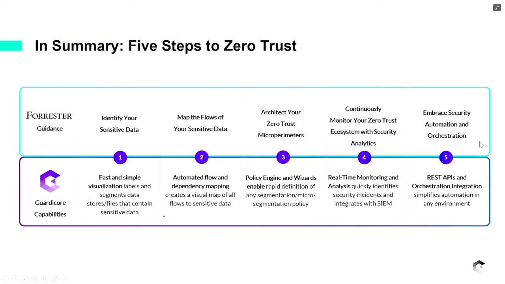So looking at how we map into the Forrester 5 steps to ransomware, 5 steps to zero trust. Sorry, we can apply these functionalities or capabilities to the flow, and it very intuitively links to the zero trust framework.